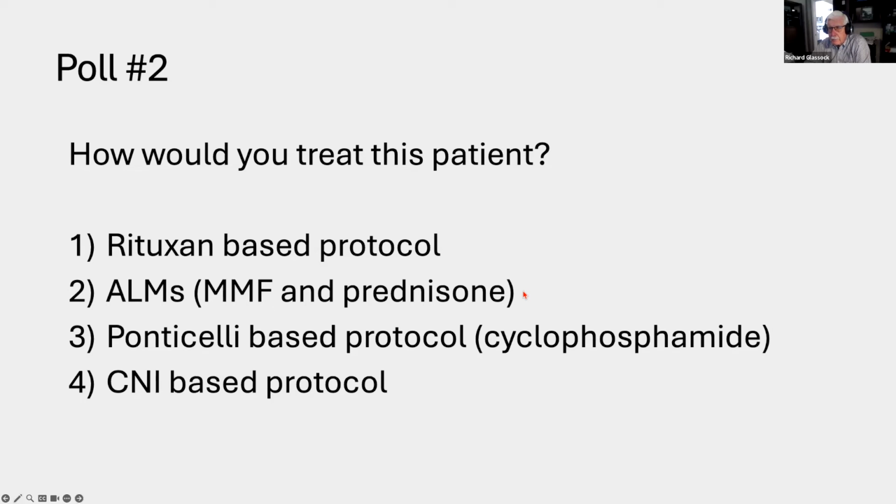But I understand the anecdotes that Dr. Breen has presented, and I suppose if you want to use experience as your guide, then you might use rituximab. But if you're using evidence, I think MMF would be my choice. So that is MMF, that's your final answer, Dick? Yep. Okay.